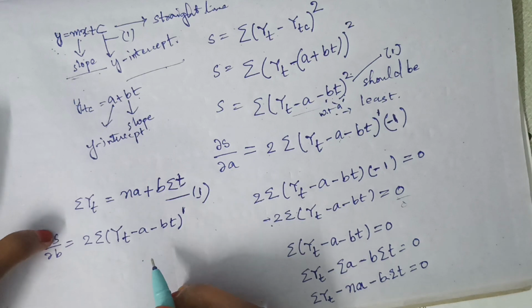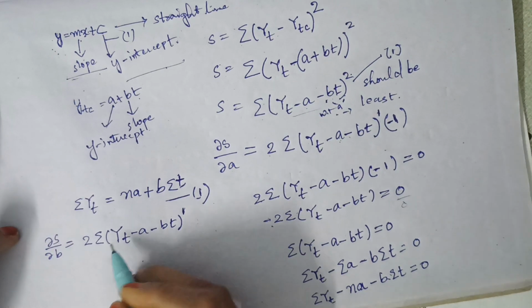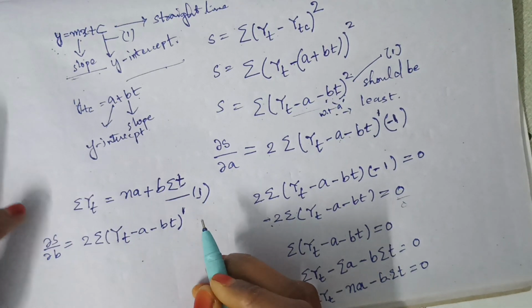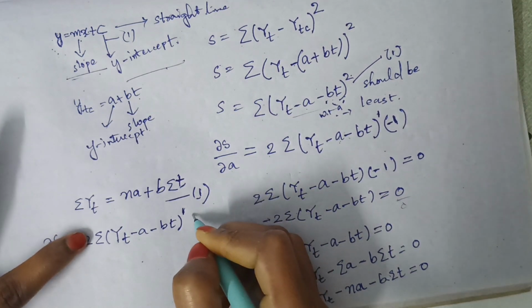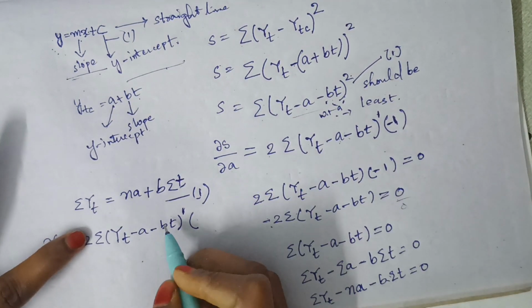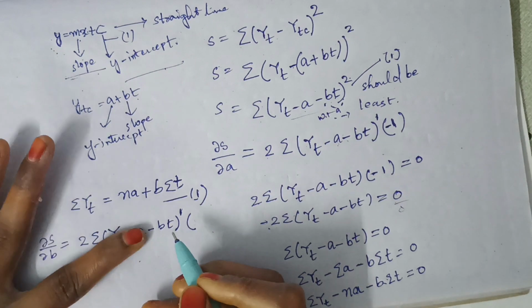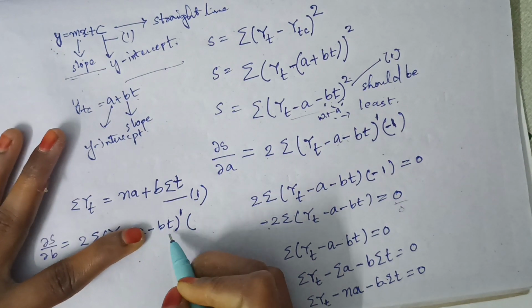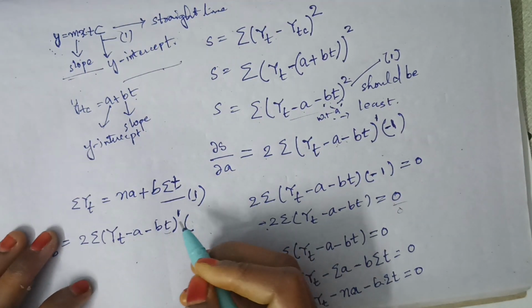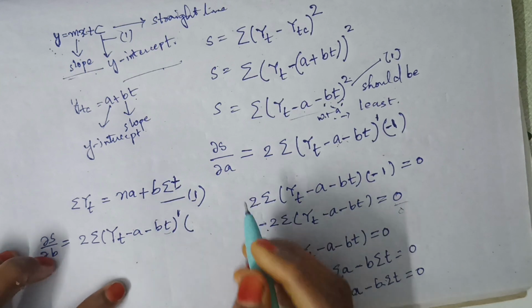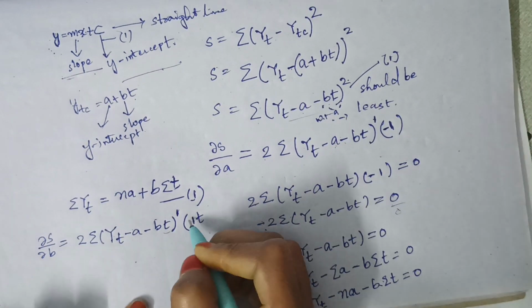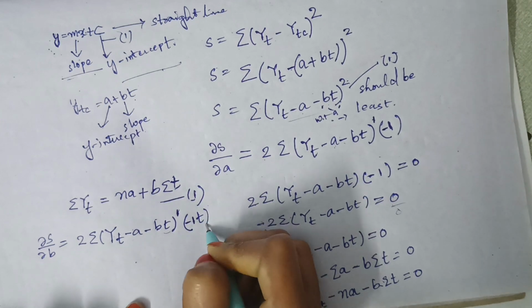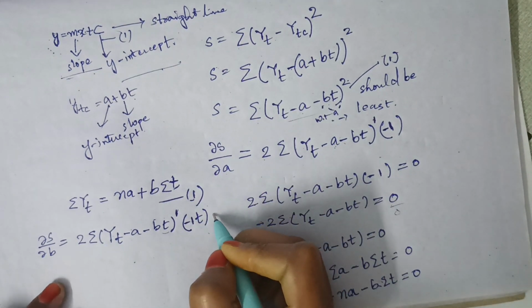Now here we are doing it with respect to b, so the remaining terms become constant instead of b. Here these two terms become constant, and the differentiation of the variable is 1. So 1 into t, and we have minus here, so I am writing minus here. And we have to equate it to 0.